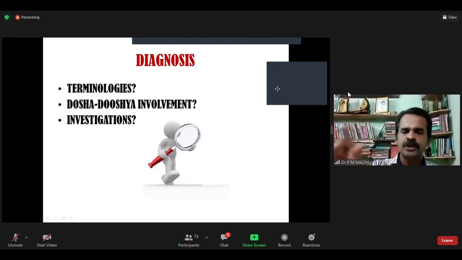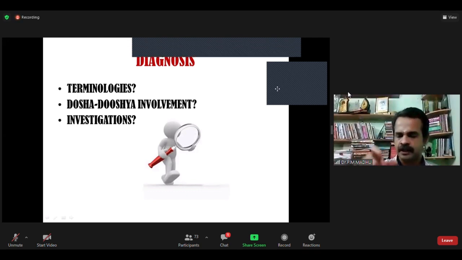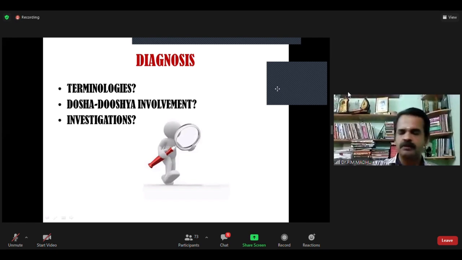So many morphological explanations are there in Nidana Prakarana. But exactly this is the treatment for Vijarchika, this is the treatment for Sidhma, this is the treatment for Dadru, like that, the treatment methodologies are not described in Chikitsa Prakarana. So the terminology is not that relevant while considering the diagnosis.